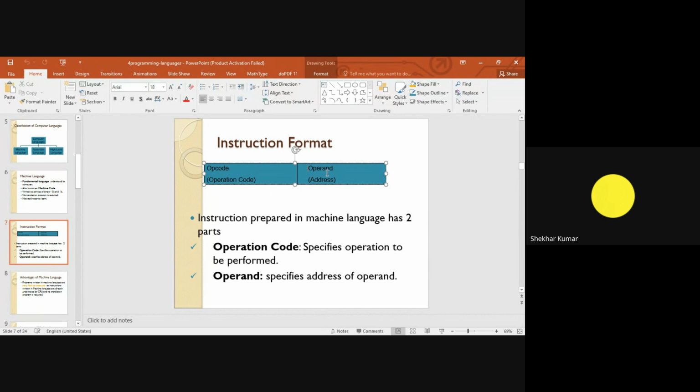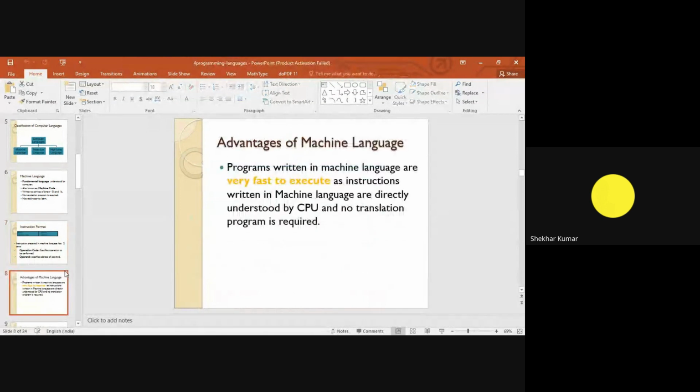So machine level language is very, very tough for humans to understand. But there are some advantages of this machine level language, along with some disadvantages. The advantage of machine level language is that it directly interacts with the computer system.